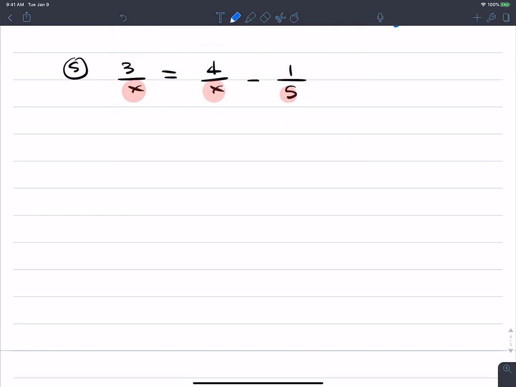Now, if you're duplicating terms when we find the LCM, we say x, x, and 5, we can do it this way. Or we could just get rid of one of these. Does anybody know why? Isn't that just the same term? So the LCM of x, x, and 5 is just like finding the LCM of x and 5.